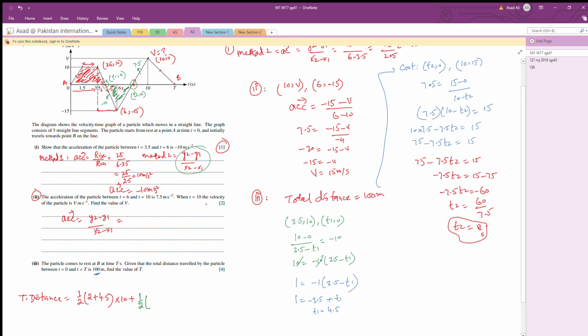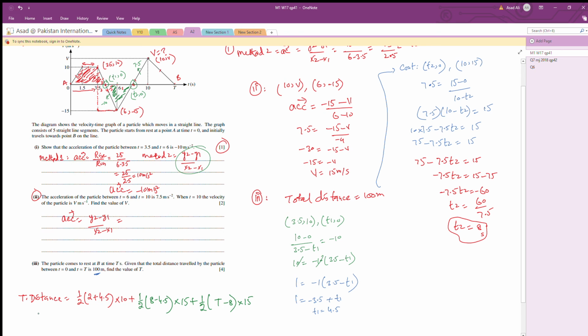So 8 minus 4.5, that's the base. What's the height here? The height is from here to here, 15. Then for this triangle, this is 8, this is capital T. So 1 over 2 times (T minus 8). The height is V, that is 15.